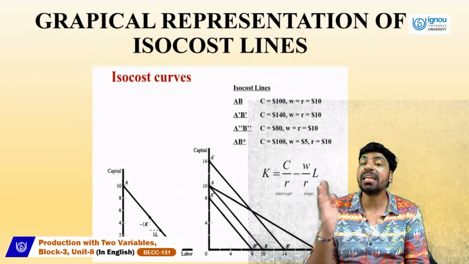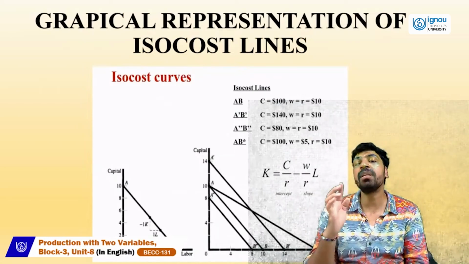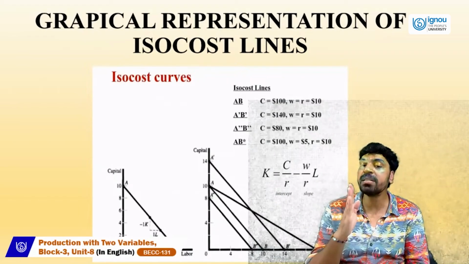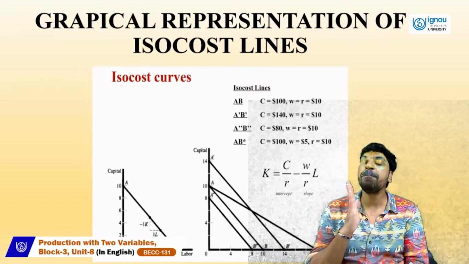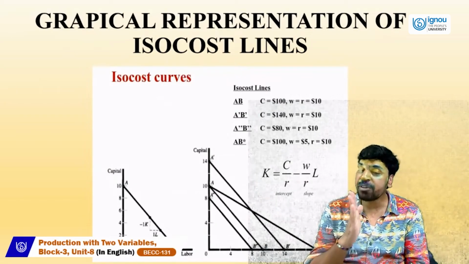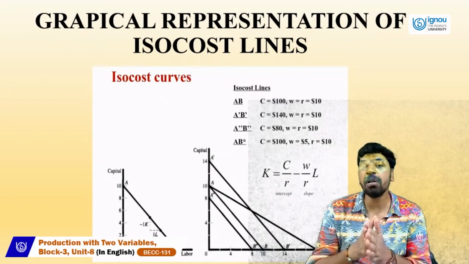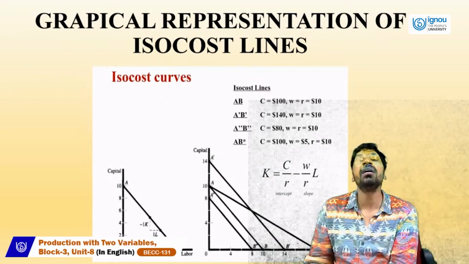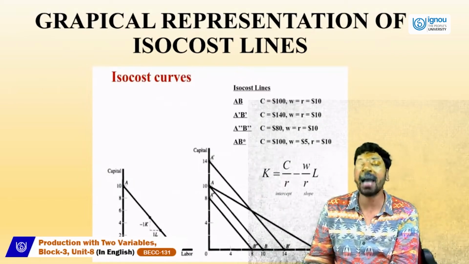When there is an increase in the prices of a particular product, the isocost line will shift parallel backward, which results from an increase in the price of a particular labor or capital.